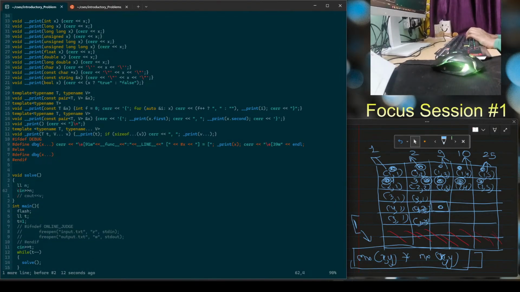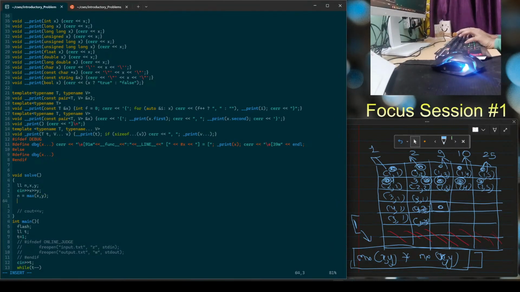Now let's just think on how can I get 3 test cases and x and y. Okay, so I know that n will be max of x comma y and the max value will lie with it.